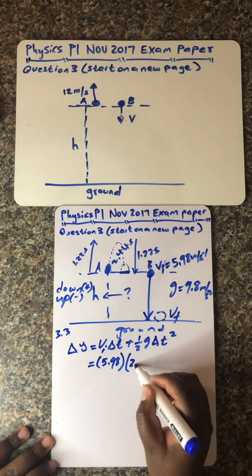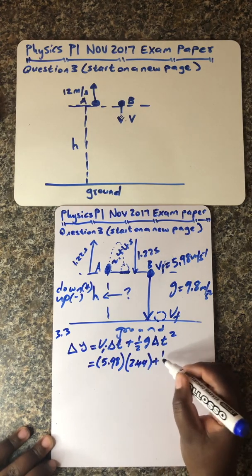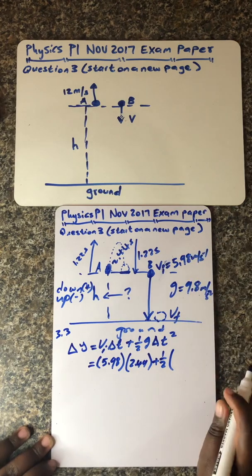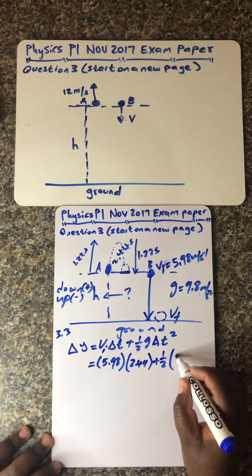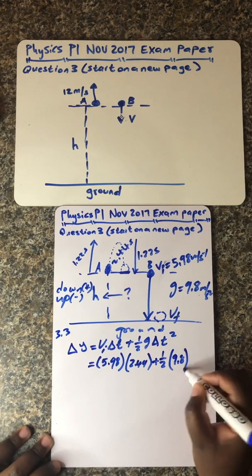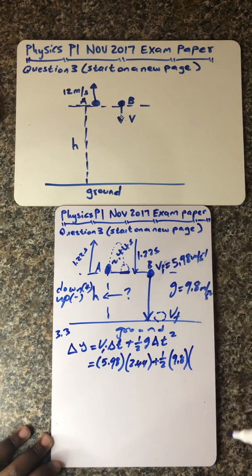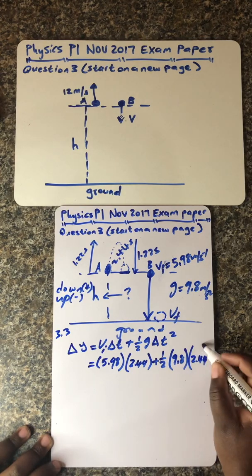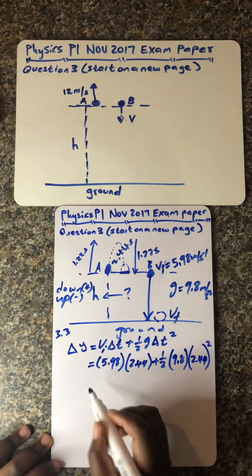So substitute 2.44 seconds plus a half. Remember, gravity is also exerting downwards, so substitute it as positive 9.8, times our time, which remains the same, 2.44 seconds. 2.44 seconds, and remember to square as you can see on the formula.